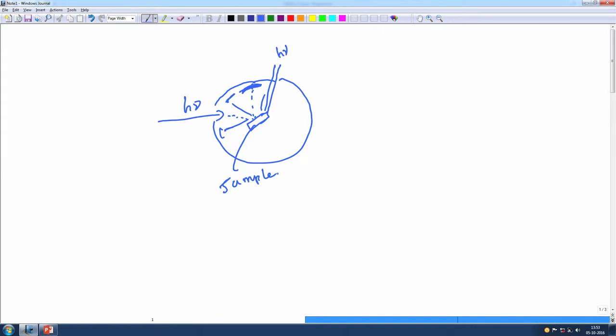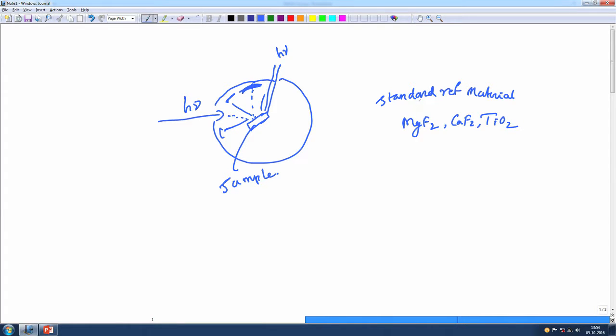Normally, if I have to standardize a given material, I take a standard reference material. This could be magnesium fluoride or calcium fluoride, TiO2, titanium dioxide, or any of the standard materials.